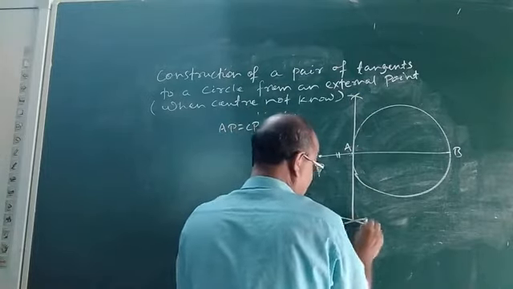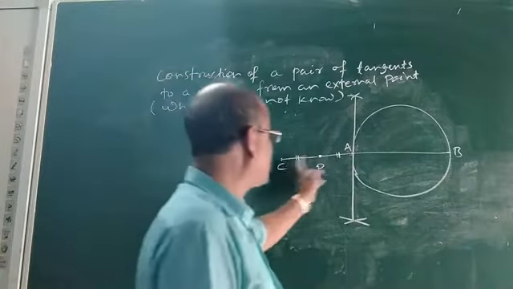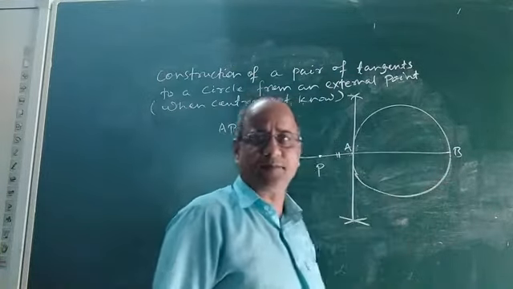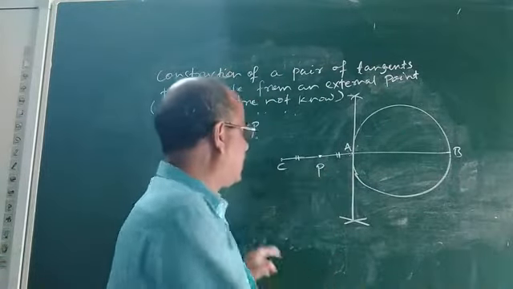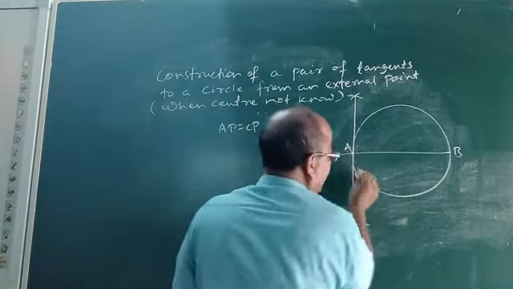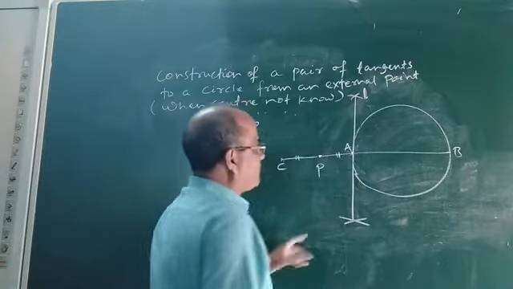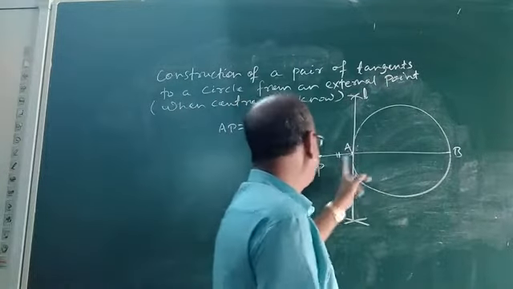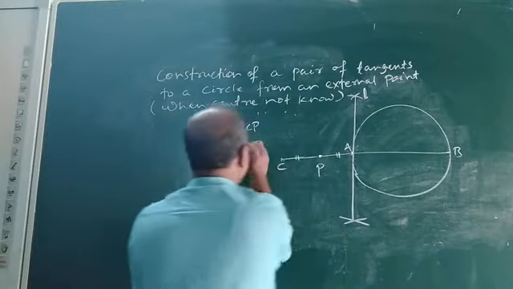You know how to draw the perpendicular bisector of a line segment. So draw the perpendicular bisector of CB. Suppose this is L. If L is the perpendicular bisector of CB, then AC becomes equal to AB.